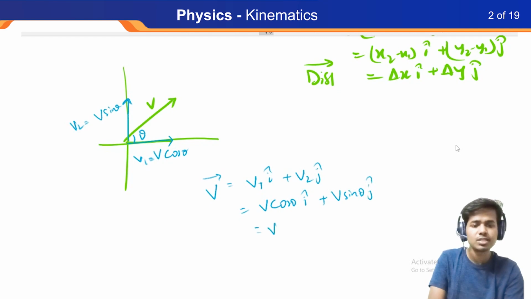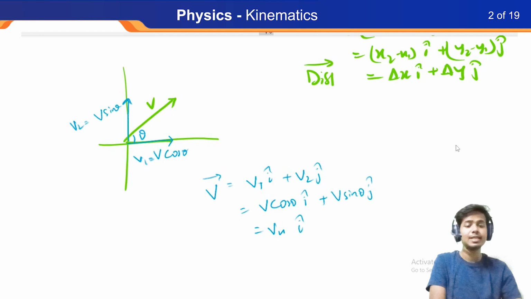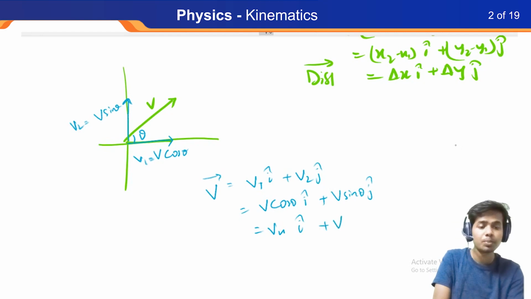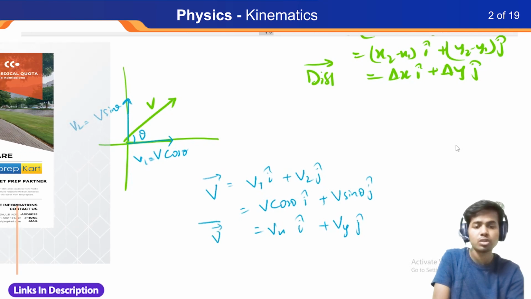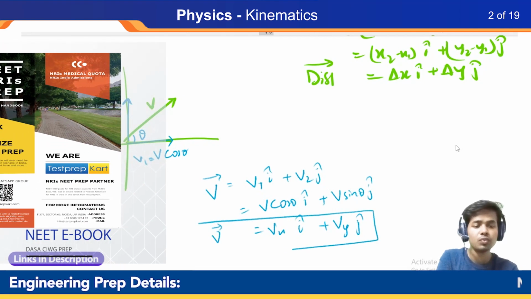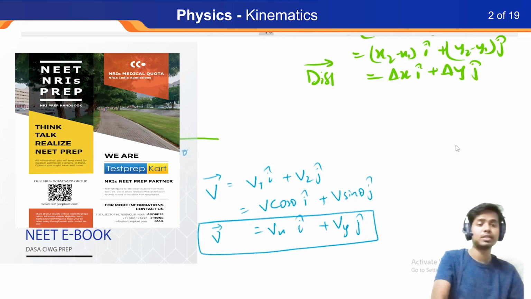We can even write this as vx, because this is the component of velocity in the x direction, and vy the component of velocity in the y direction, j cap. This can also be another format in which you can write the velocity vector.